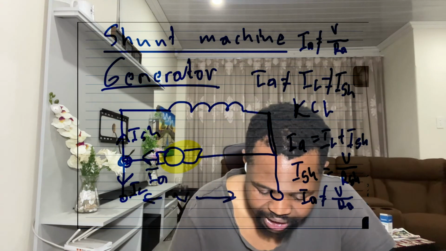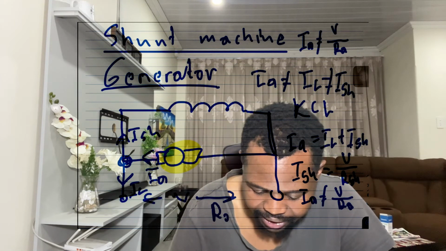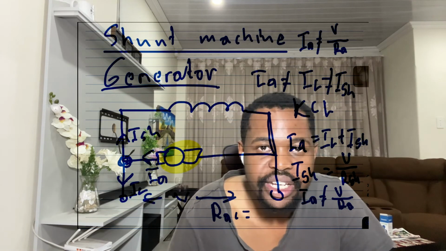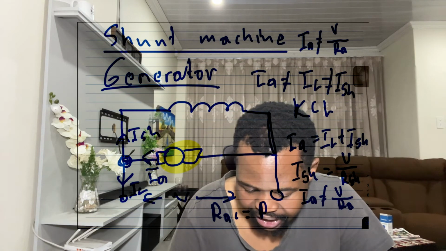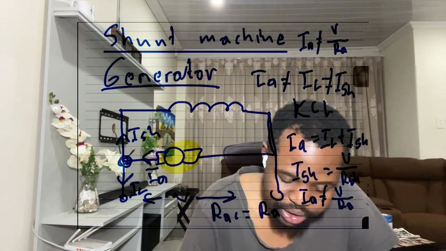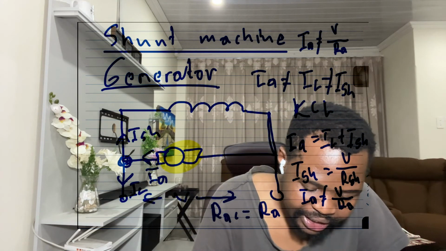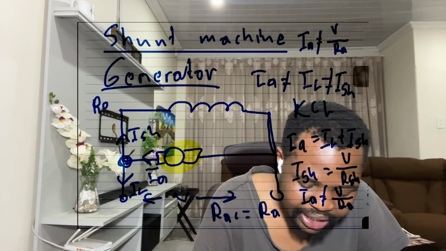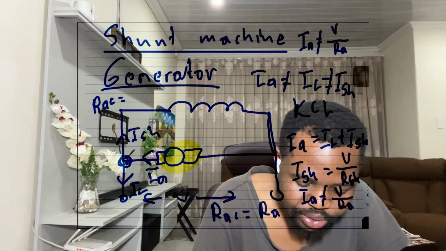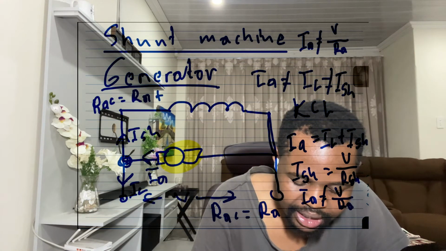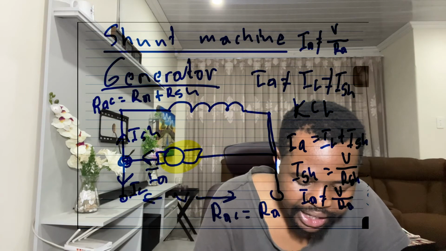Then, guys, the armature circuit resistance, RAC, is only equal to RA. It cannot be equal to RA plus R shunt. Why, guys?